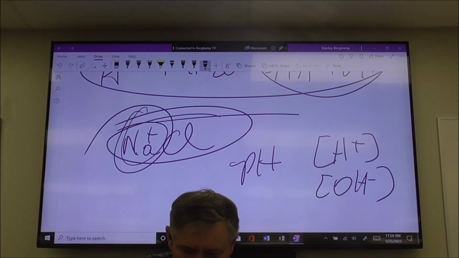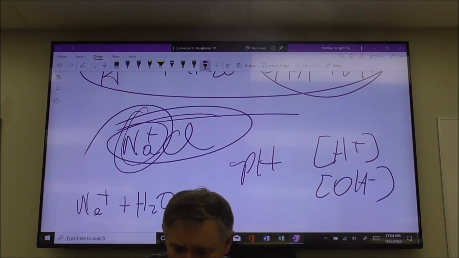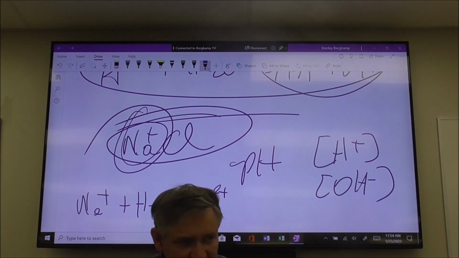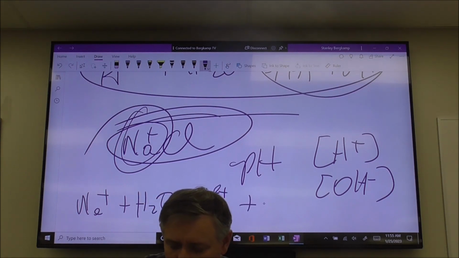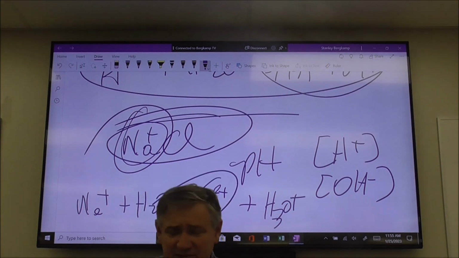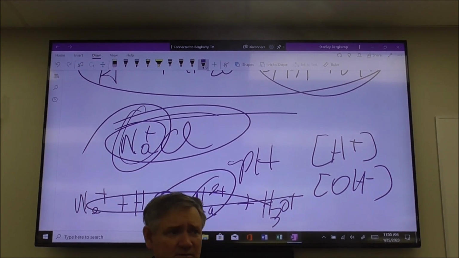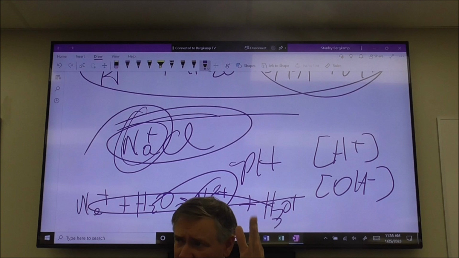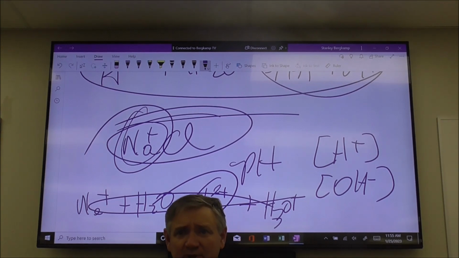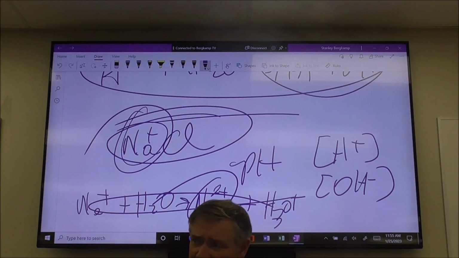Do you think the sodium ion is going to react with water to form Na2+, because it's going to give up a proton, and H3O, which doesn't even make any sense, because if the sodium gives up a proton, is it sodium anymore? No. So a single elemental cation is never going to react with the water. It's not going to happen because it's not going to give up a proton because it's bound together in the nucleus by the strong nuclear force.